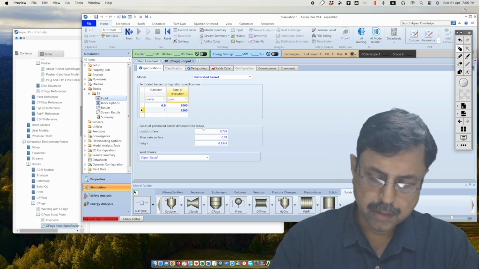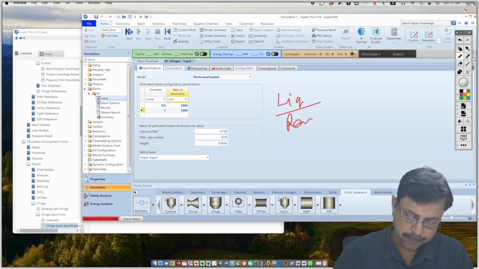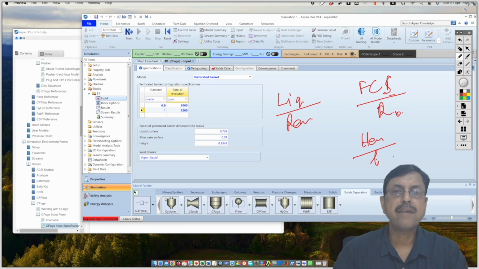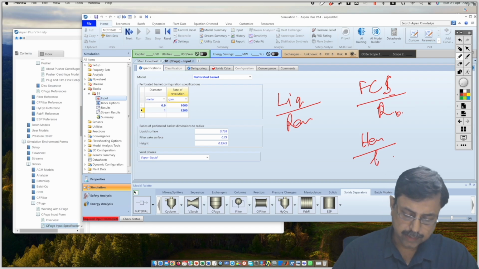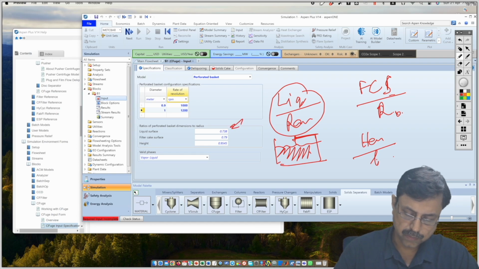So, basically it is liquid surface by radius of the basket, or filter cake surface by the radius of the basket, or height by the radius of basket. So everything you have to give in terms of the ratio. Okay. And what is liquid surface? Liquid surface, suppose this is the basket, then this is the liquid height by the radius. So that is the ratio it is put over here.